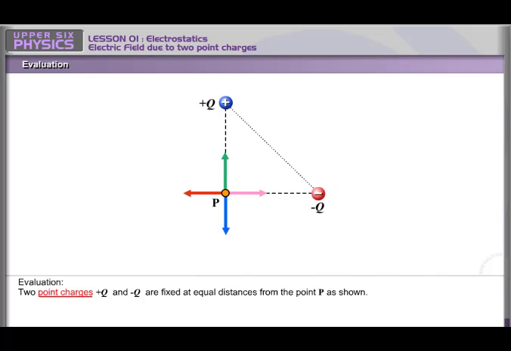Evaluation. Two point charges positive Q and negative Q are fixed at equal distances from the point P as shown.